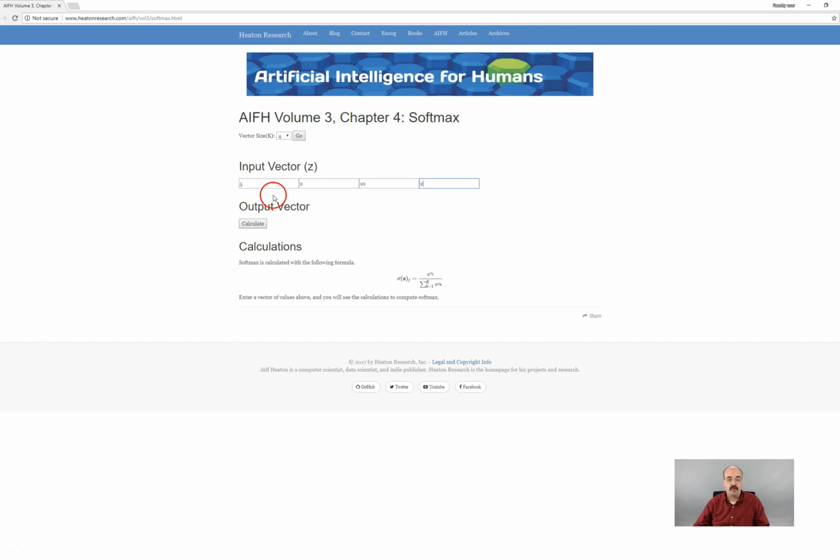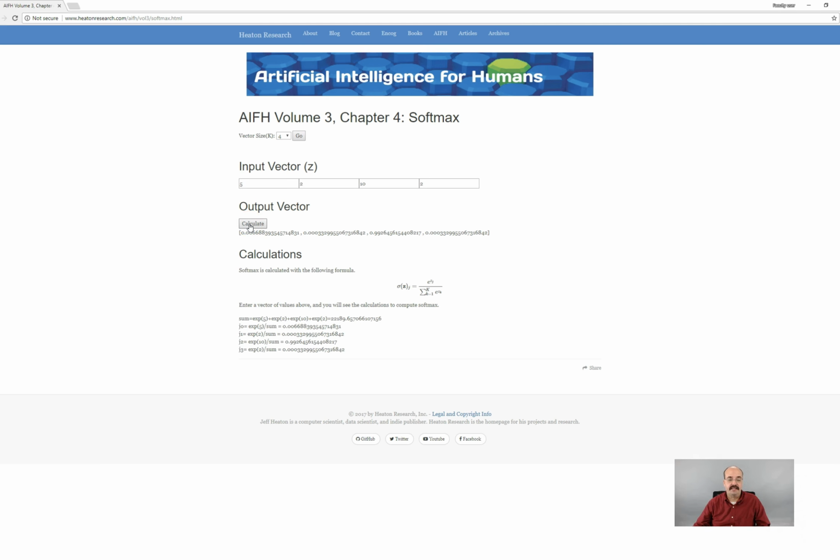So if there were 4 classes, 1, 2, 3, 4, this neural network would be specifying class 3, which is 10. But you don't want to just take the highest neuron output as the class. You would like to have probabilities. And you can calculate the probabilities by doing that.